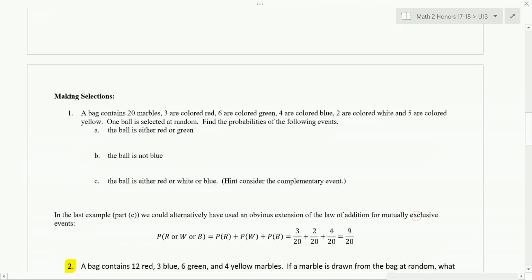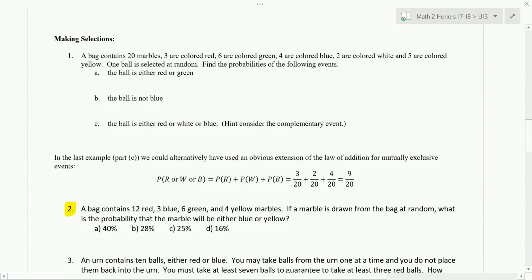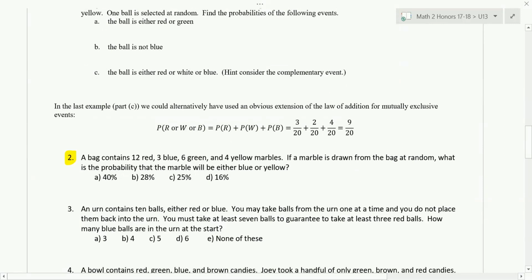So I'm going to do a couple problems with you, and then the rest will be homework for you. Okay, so let's start with 2. A bag contains 12 red, 3 blue, 6 green, and 4 yellow marbles. If a marble, so just one, because eventually you'll be picking 2 marbles or 3, but if you're just picking 1 marble from this bag at random, what's the probability that the marble will be either blue or yellow?